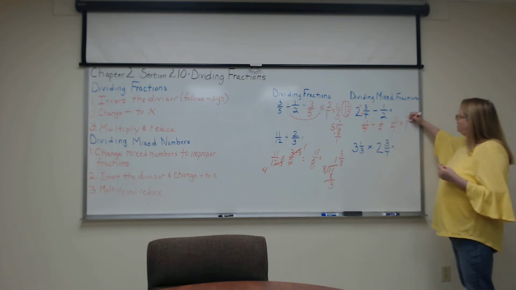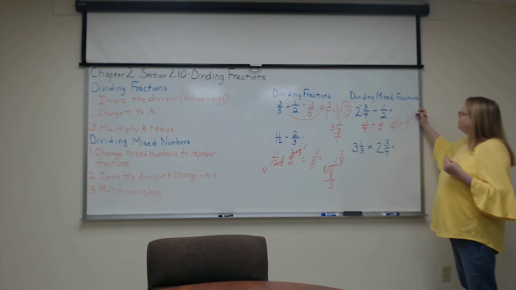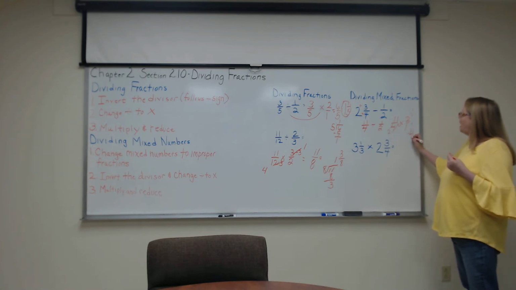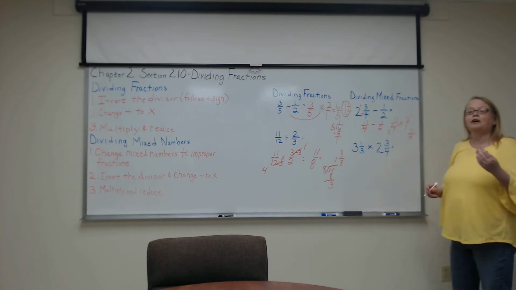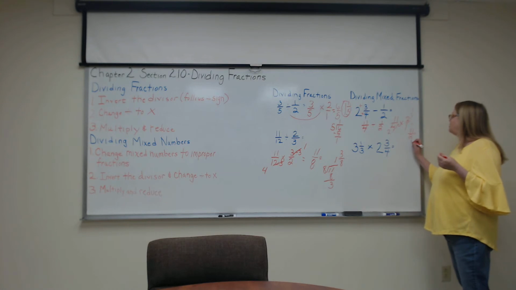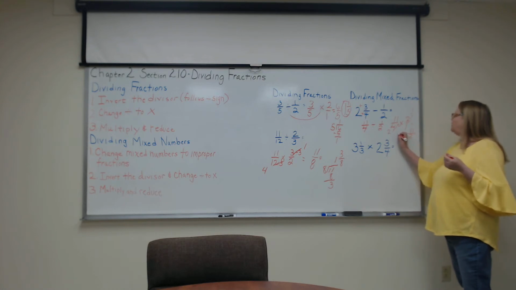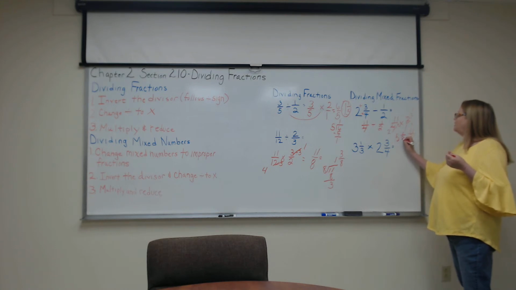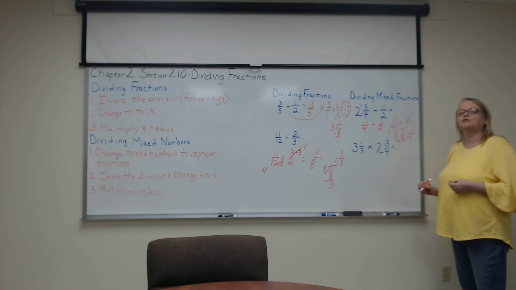Now, we can divide by 2, and this becomes 1. This becomes 2, and our answer, we end up with 11 halves, which, if we divide the 2 into 11, we know is going to be 5 and 1/2 is our answer for this problem.